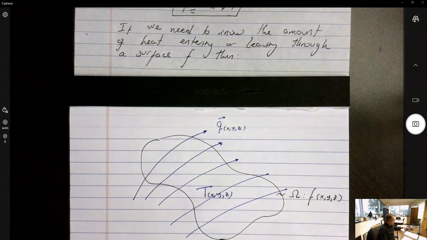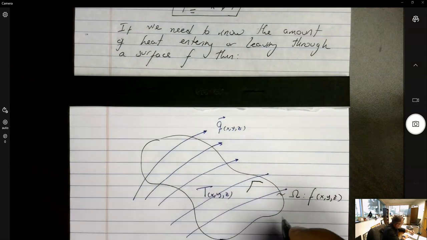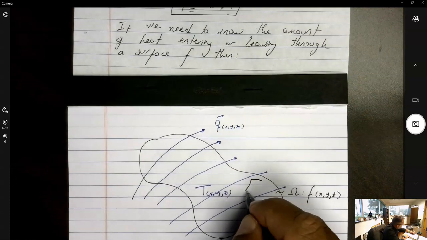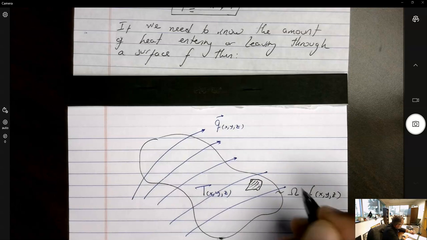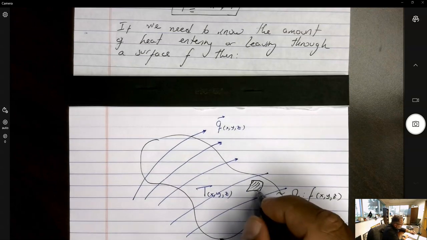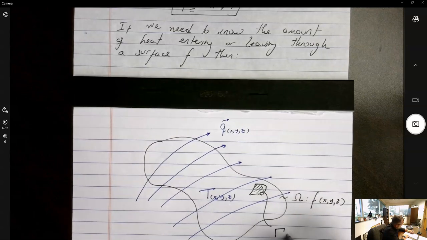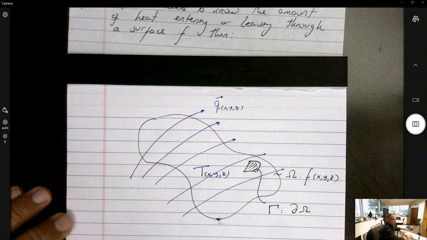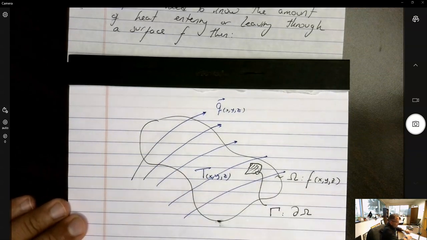All of these lines are just piecewise vectors at every point. Right? Now, if we take a piece of the surface of omega. Omega is the volume, and let's just say that this is a piece of the surface. So this is gamma, which is part of the surface that surrounds omega.